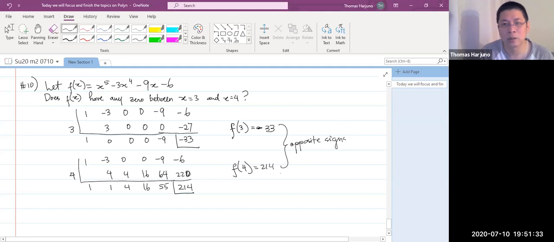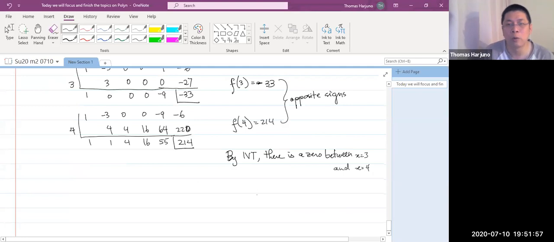Opposite signs. Then by the intermediate value theorem, there is a 0 between x equals 3 and x equals 4. Okay.